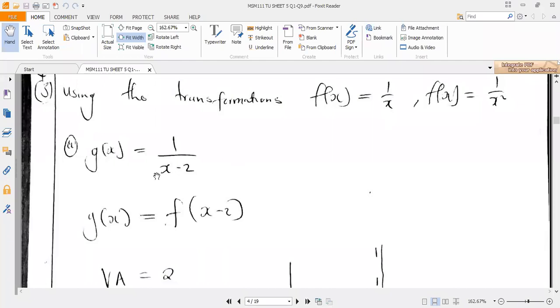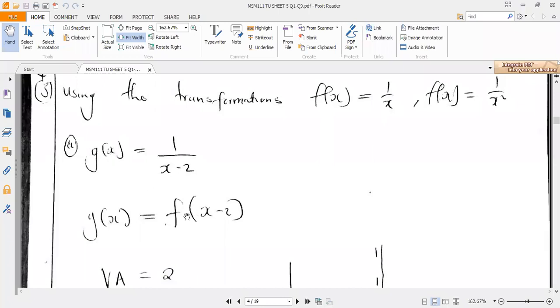So now, when you notice that we're dealing with this function, you notice that this x minus 2 on the denominator, when you plug it into this function here, it will give you g of x.